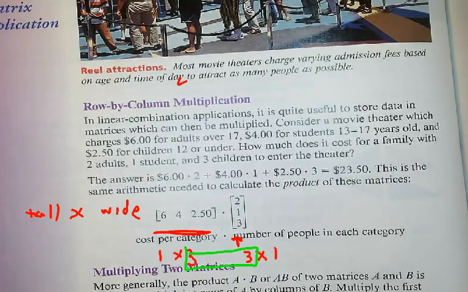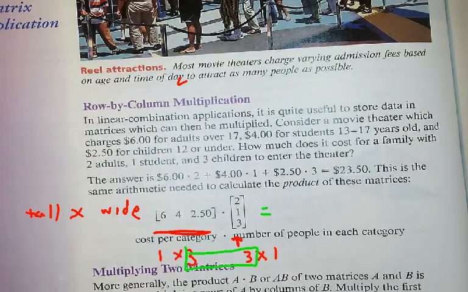So the inside numbers, the size of this one and the size of this one, we can multiply these together and get an answer because they're set up to where the inside dimension and the inside dimension of the other one, the last one and the first one, have to be the same.